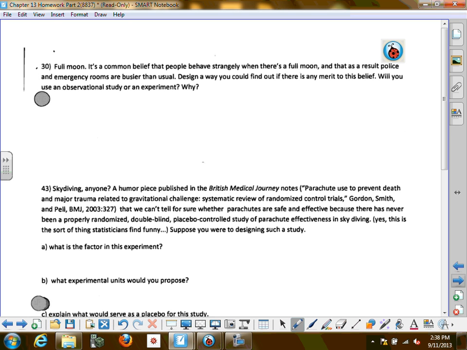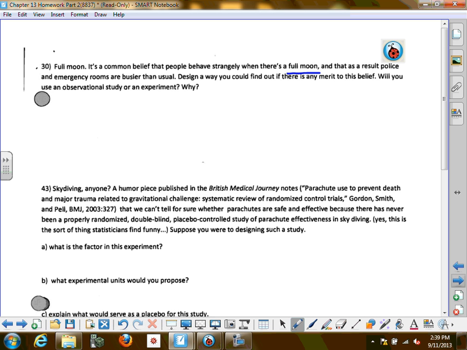Okay, number 30, look at this. This is about a full moon and kind of like some urban legend or something like that. So here it says, it is common belief that people behave strangely when there's a full moon. And that as a result, so here's your measuring stick.